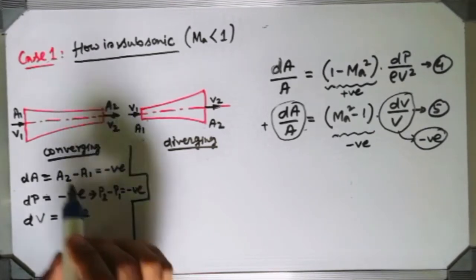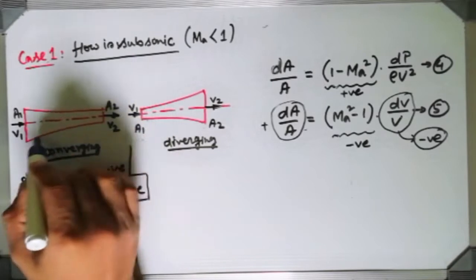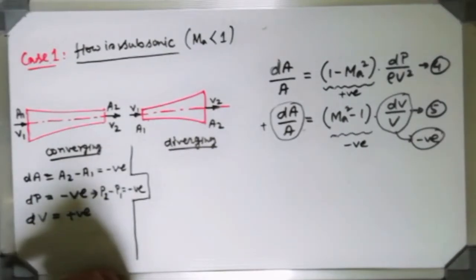That means pressure is getting dropped while traveling through a convergent section.